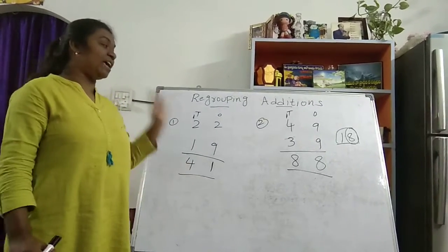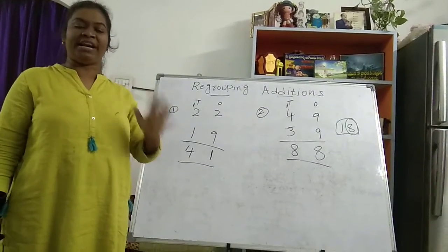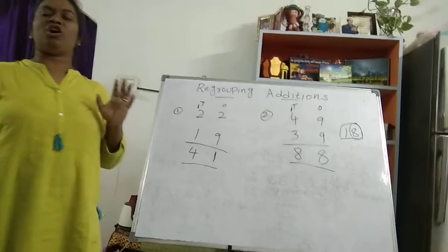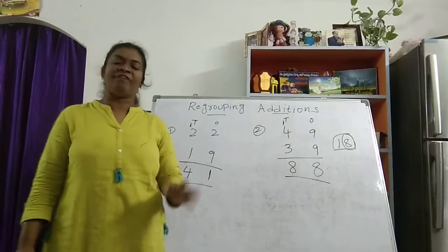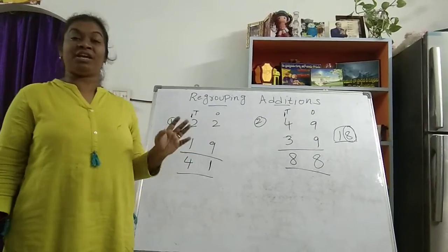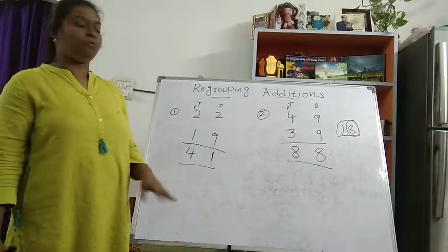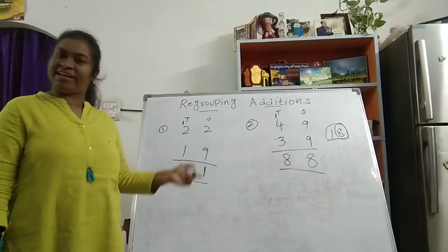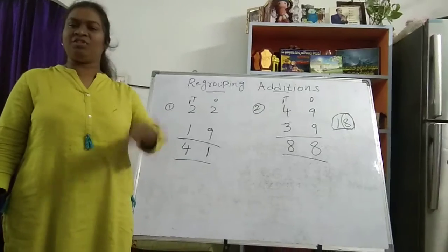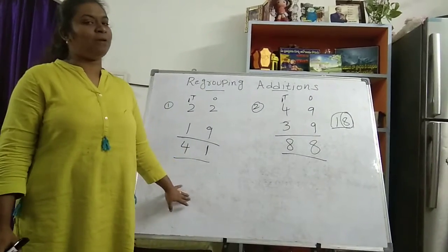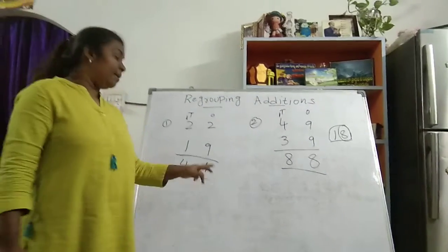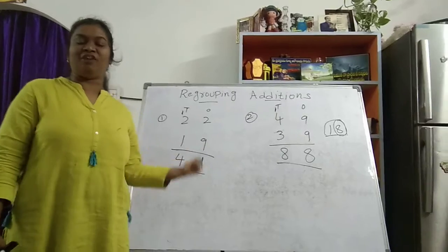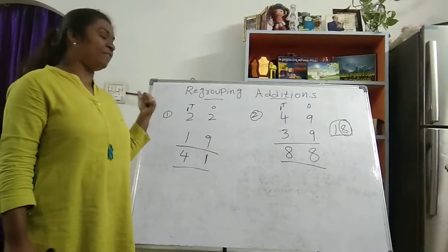This is very, very important. Regrouping of numbers or borrowing of additions are very important. I have taken a very simple methodology to teach you. If you are not getting it, no problem, sit with your parents and do the problems. If still you are not getting it, please message me, I will tell you the regrouping of additions once again in the next class.